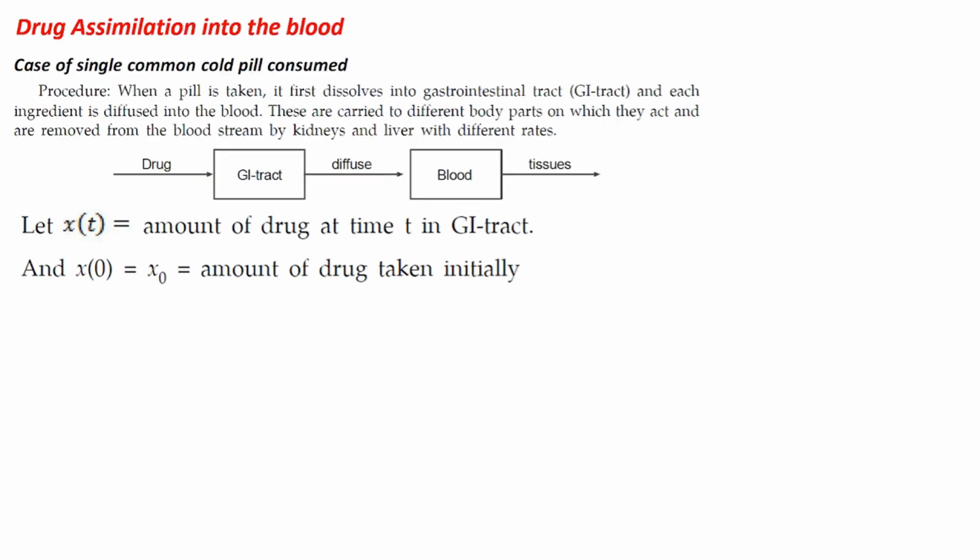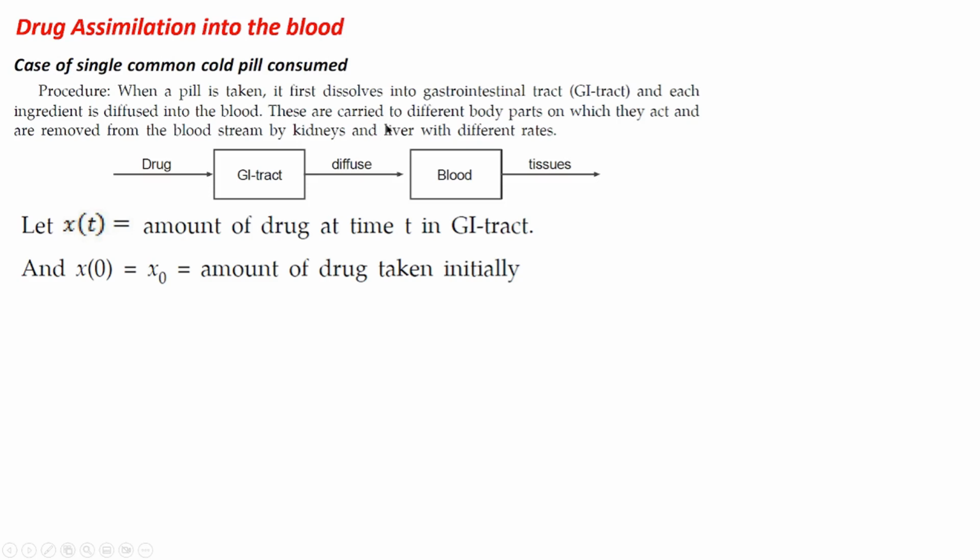Next we have the last model, which is drug assimilation into the blood. Say we take the case of a single common cold pill which is consumed. When the pill is taken, it first dissolves in the gastrointestinal tract and each ingredient is diffused into the blood.